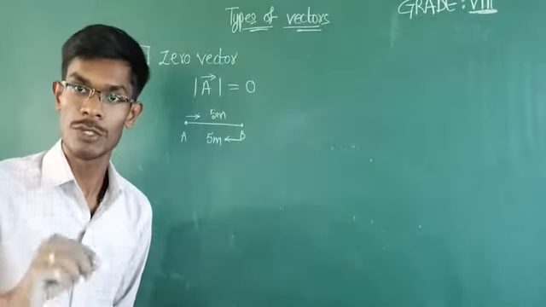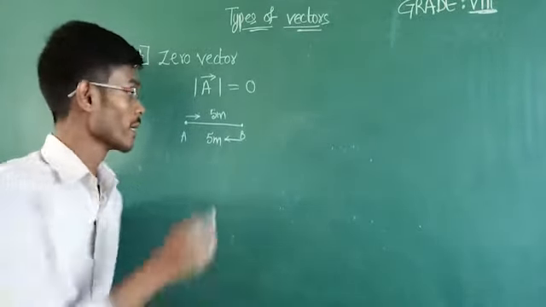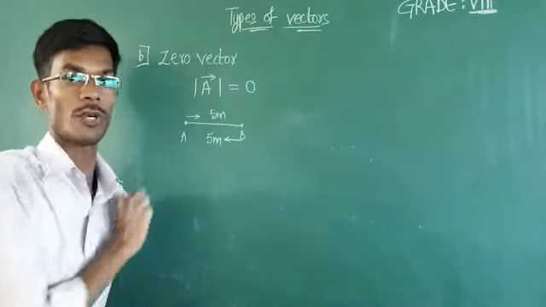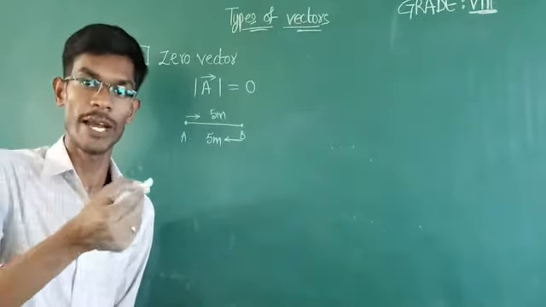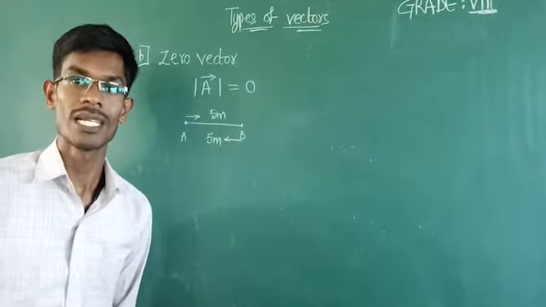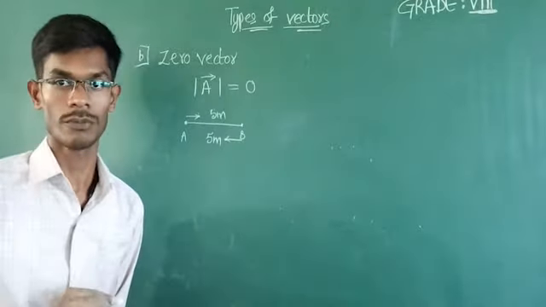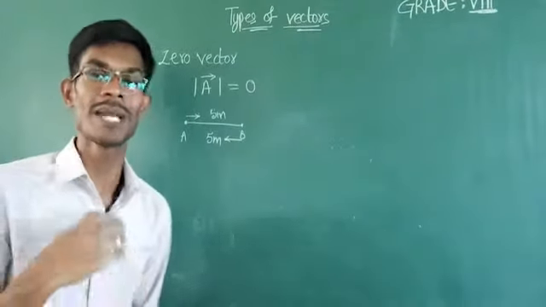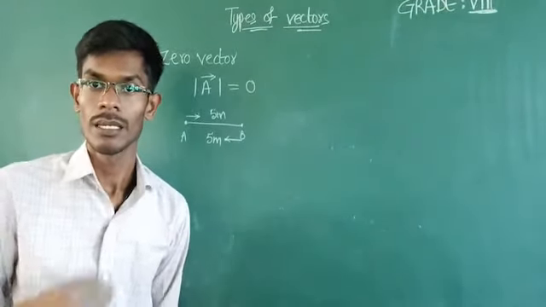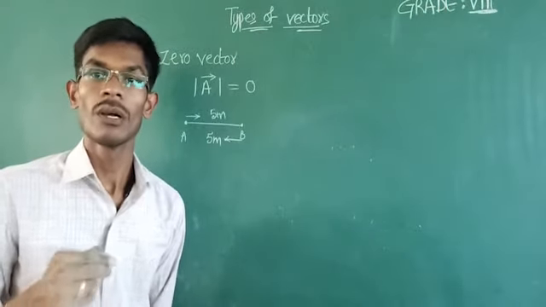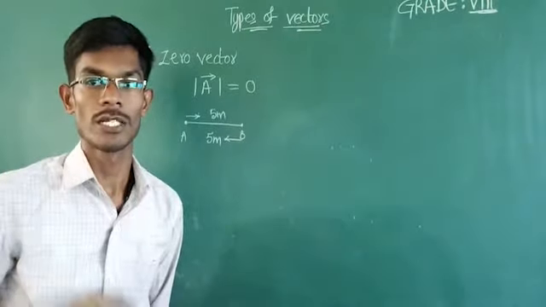But when it comes to displacement, the initial point is A and the final point is also A. If the initial and final points are the same, then the displacement is zero. So for a round trip, the magnitude of the displacement vector becomes 0. Those vectors we call zero vectors.